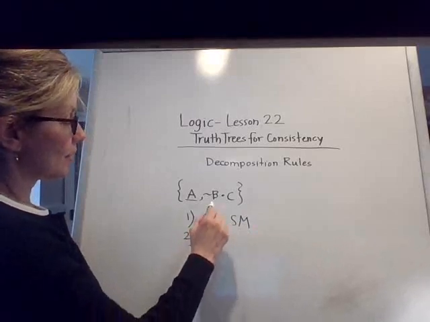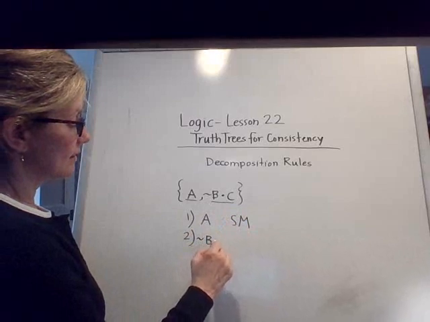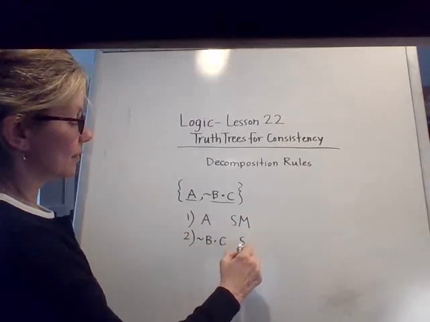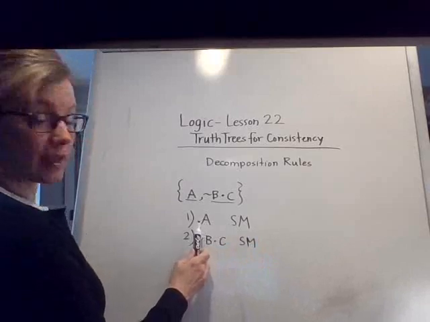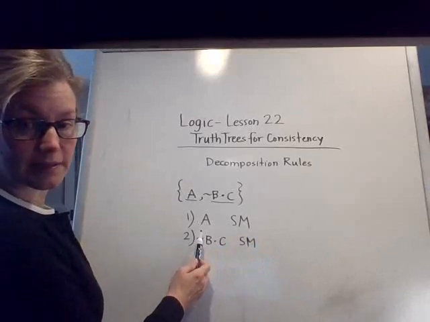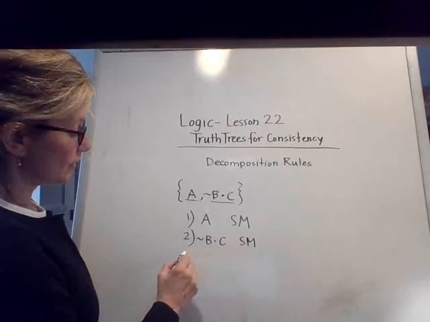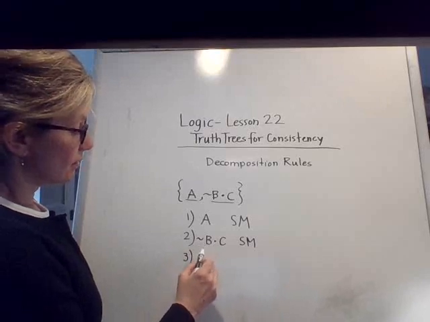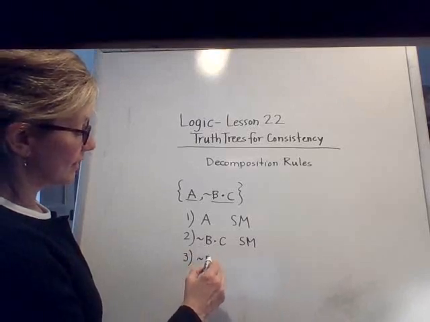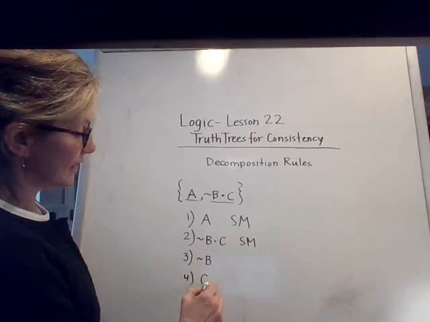All right, the second proposition is not B and C, set member. Now we don't need to decompose line 1 at all. It's already at its most basic part. So we're just going to look at line 2, and we know that with the conjunction, we just have not B here. And line 4 would be just C.